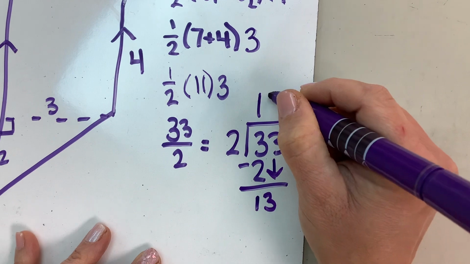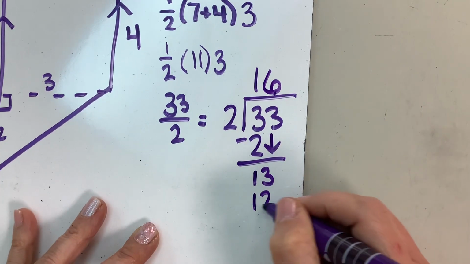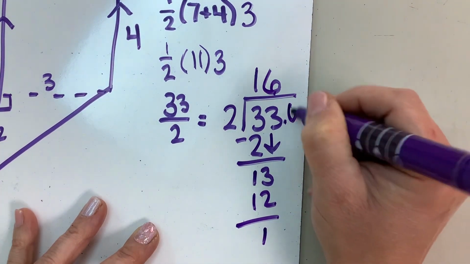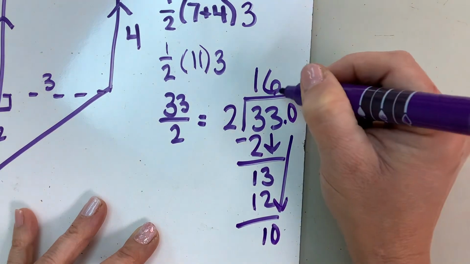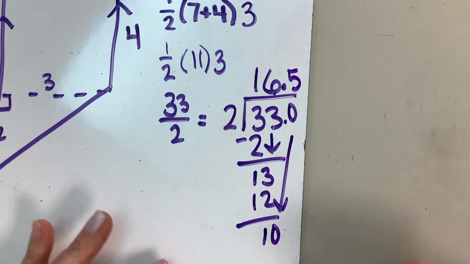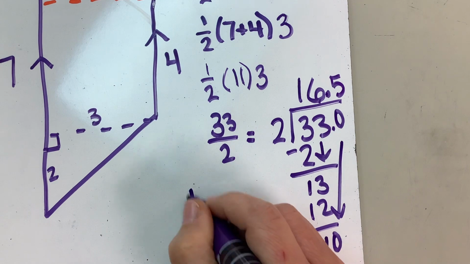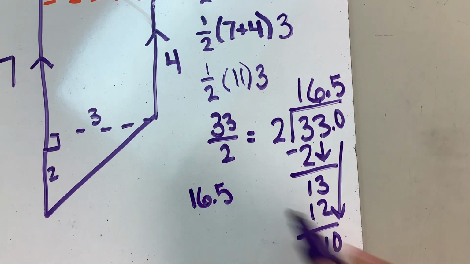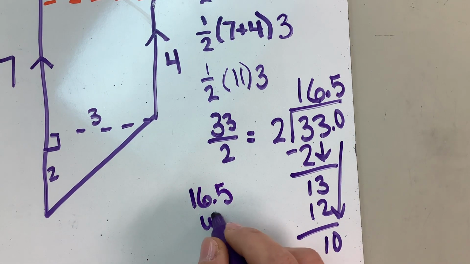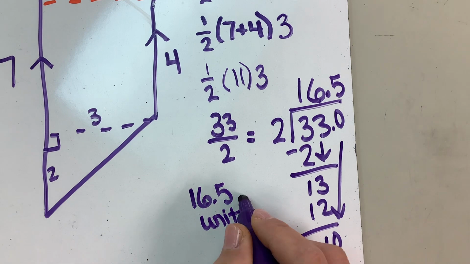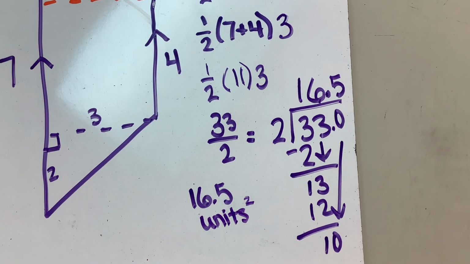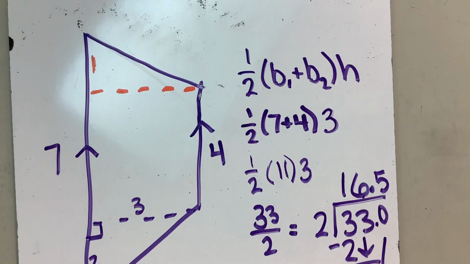And 2 goes into 13 6 times, which is 12. And when we add the decimal and the 0, we're going to have 16.5. And this one, since I didn't write what units it is, you could also write units squared. And that is a trapezoid.